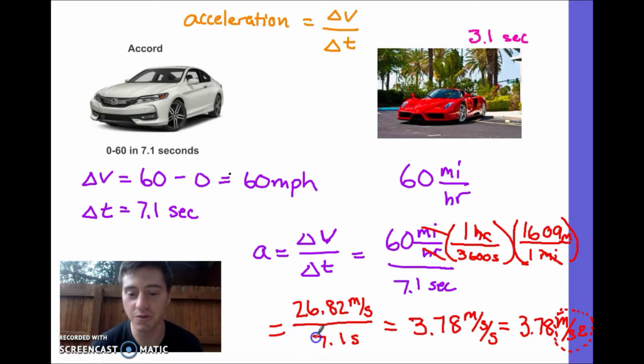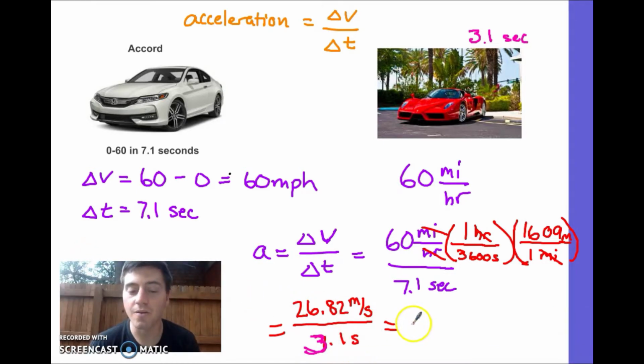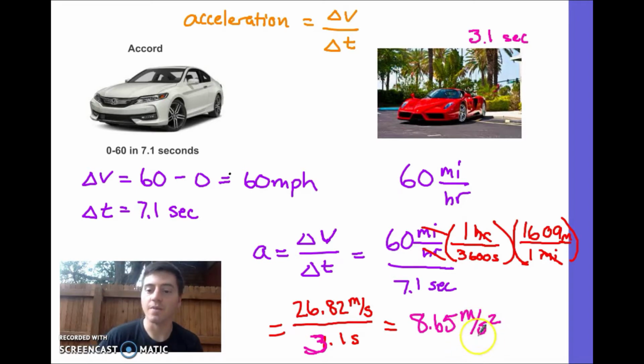Let's just change this to a 3, because these are the same numbers, but now we have a different change in time. So that should be a much bigger acceleration, in which case that is 8.65 meters per second squared. Meters per second per second. So every second I'm getting 8.65 meters per second faster.